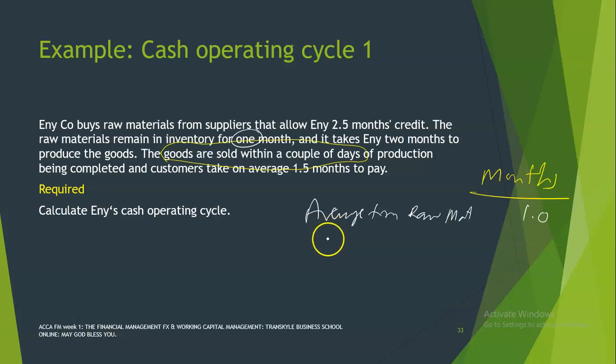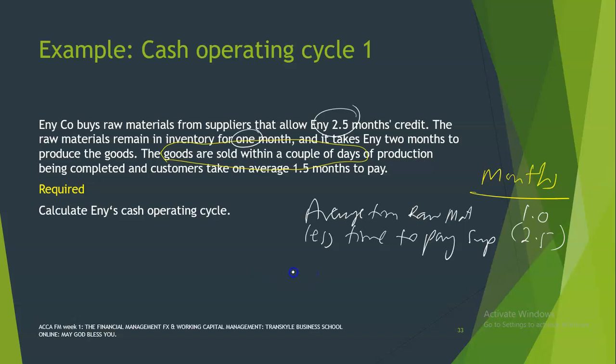Then the time taken to pay suppliers: suppliers allow us 2.5 months, so we deduct 2.5 months.